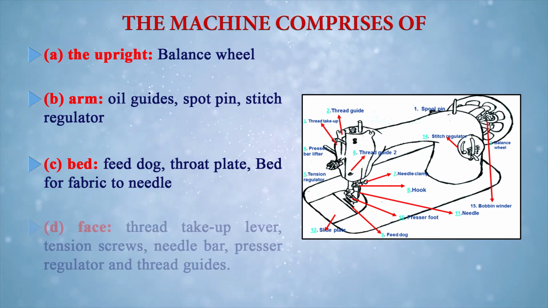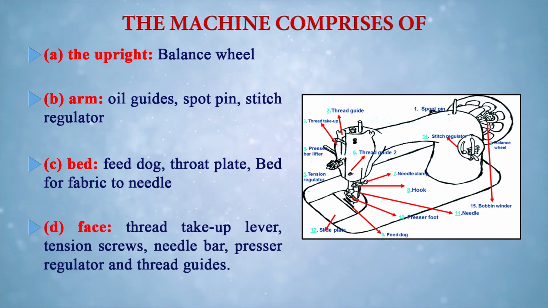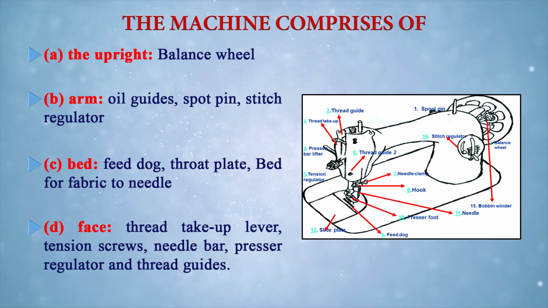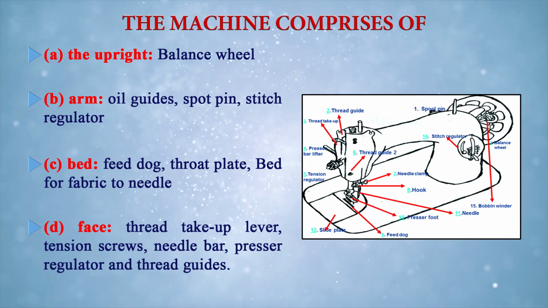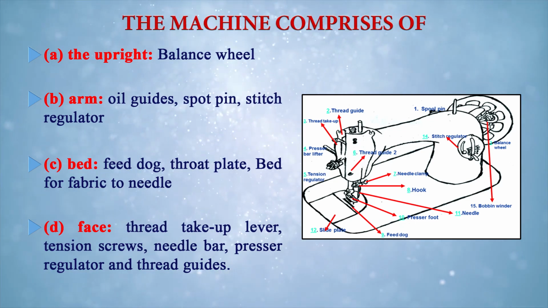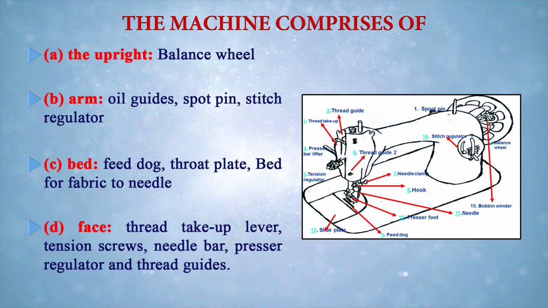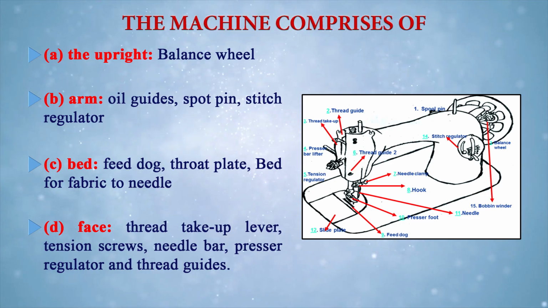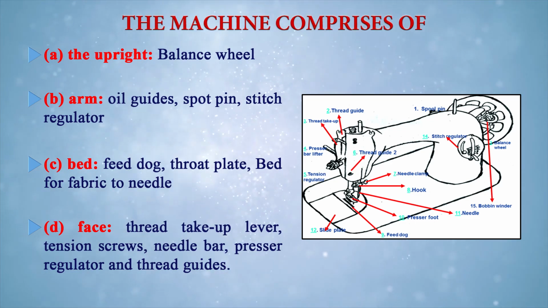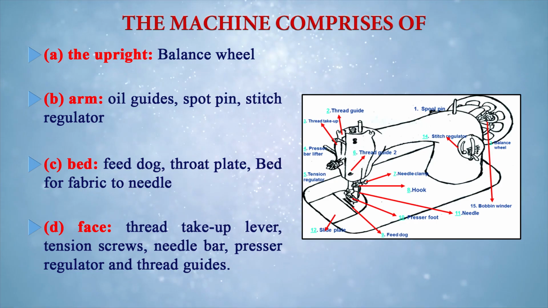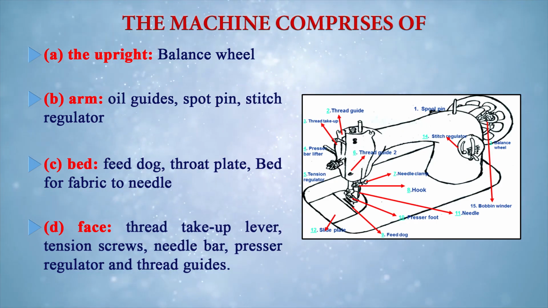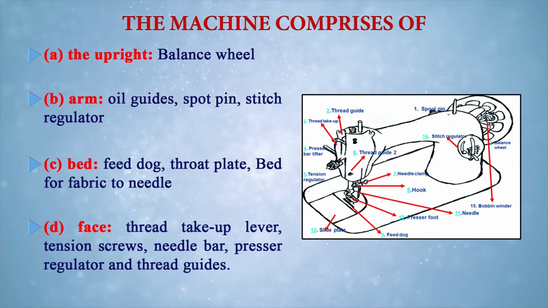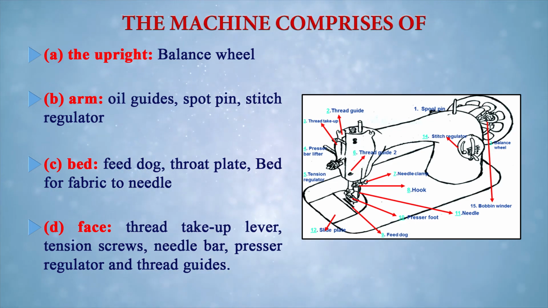Then we have the face of the machine. The face of the machine has the thread take-up lever, tension screw, needle bar, pressure regulator and thread guide. As in the picture, the left side is the face part of the machine, where we have the thread guide, the needle screw, and the take-up lever.